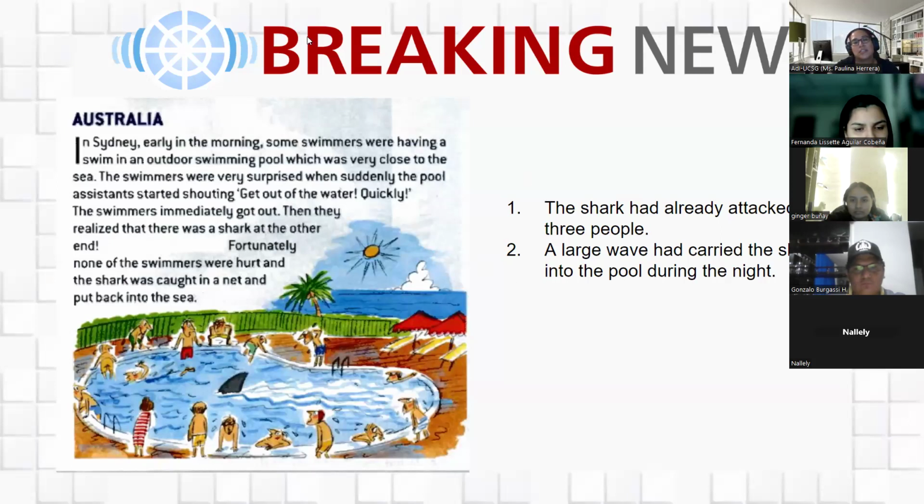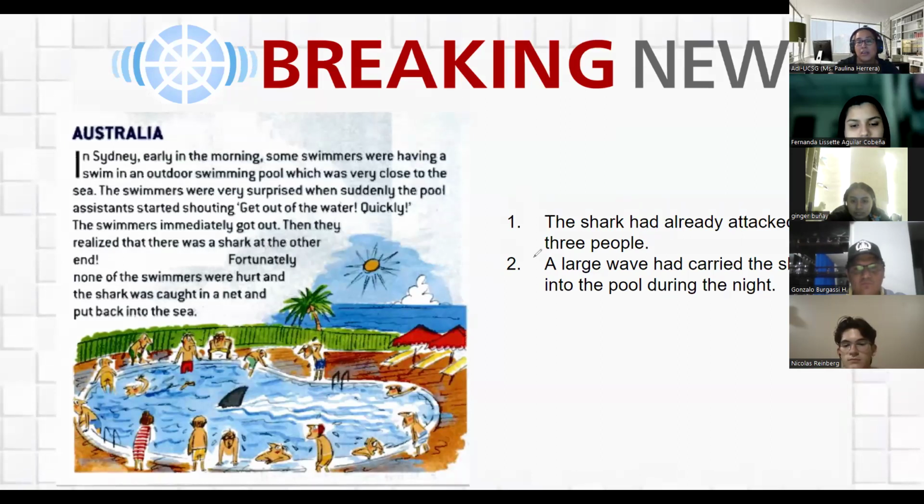So which sentence will complete the story? Number 2, of course, because nobody was hurt, right? So we're going to put number 2 here: a large wave had carried the shark into the pool. That's how a shark appeared in a pool.